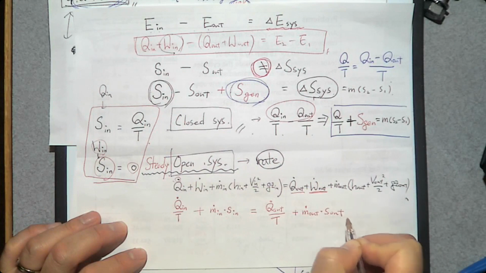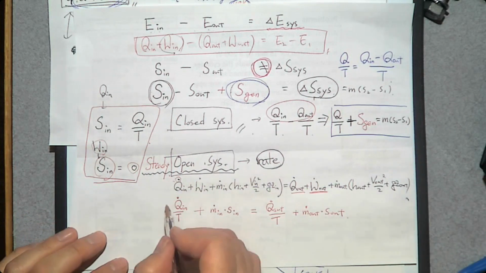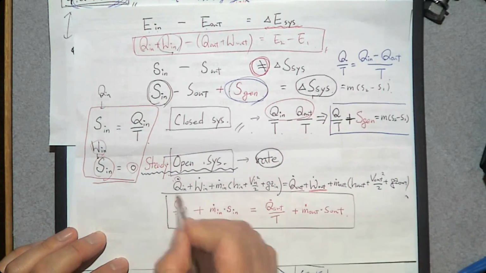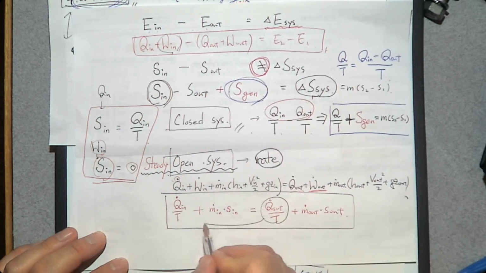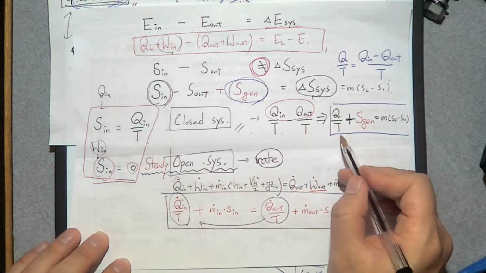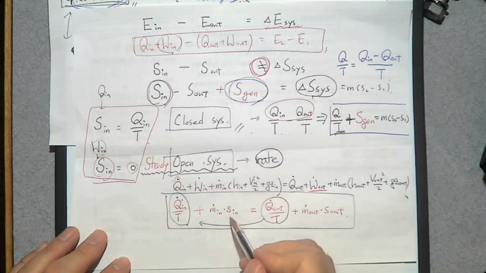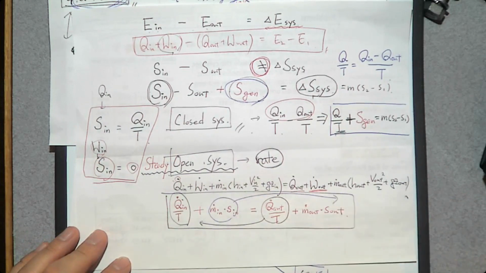That can be determined by m dot at the exit times specific entropy at the exit. So this is the entropy balance equation. And again, we can move this one to the left-hand side and combine with Q dot in, the same as here. Then this equation becomes, and we can also move this one to the right-hand side.